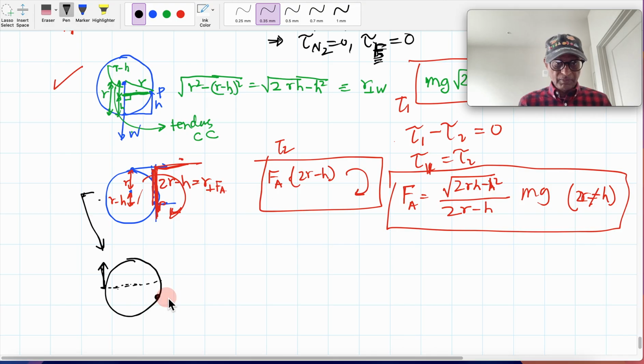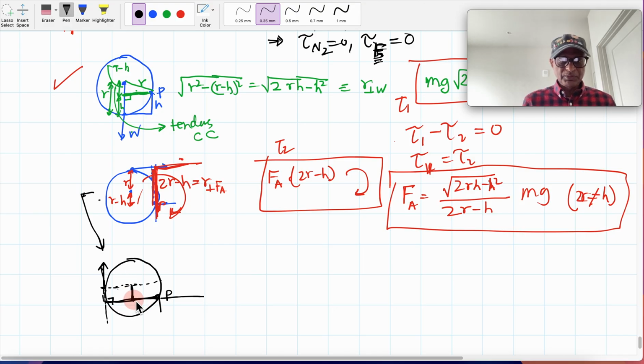But point P is here. So if you draw the 90 degrees from here, we need to get this distance out.